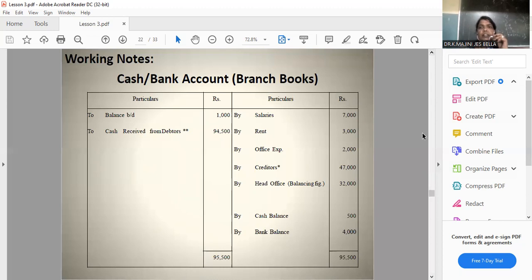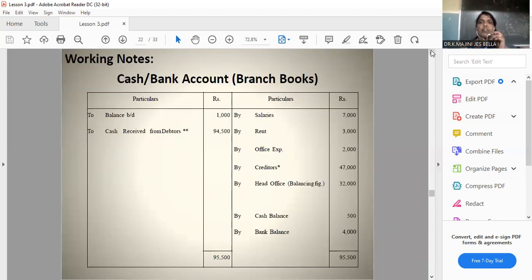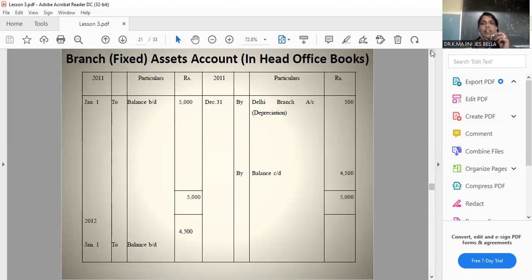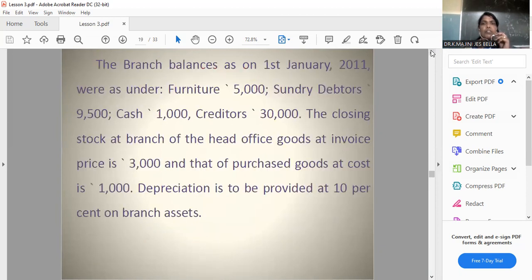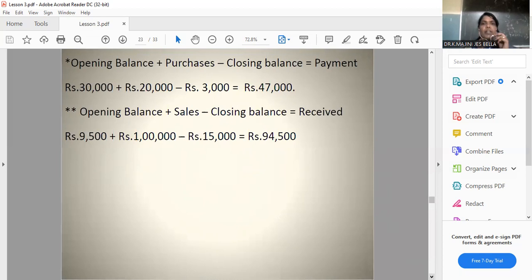Next, we have to calculate the creditors, right? Creditors, how can we calculate? Opening balance, creditors opening balance. If any purchases are there, we have to add it, then subtract the closing balance. Okay, that is the payment made to the creditors. Opening balance, how much? 30,000 they have given, right?